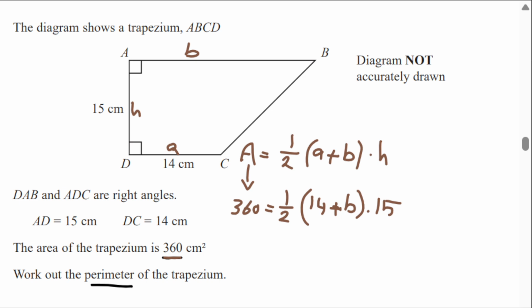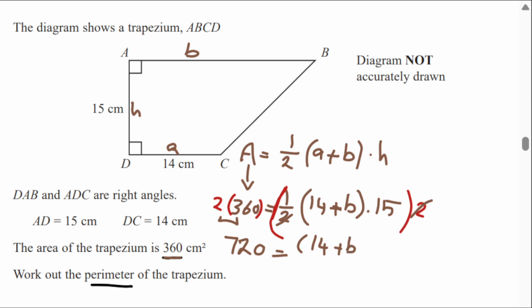Now what I will do, I'll try to get rid of this half. So I'll multiply all this side by 2, and I multiply this side also by 2. So 360 times 2 is 720 equals, this 2 will cancel this 2. So we'll have 14 plus B times 15.